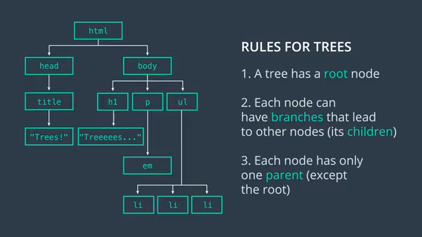Though each node can have any number of branches going out, it only has one branch coming in. A new branch can never point to a node that's already in the tree. Another way of saying this is that each node other than the root has only one parent. And that's just about all the rules there are for trees.